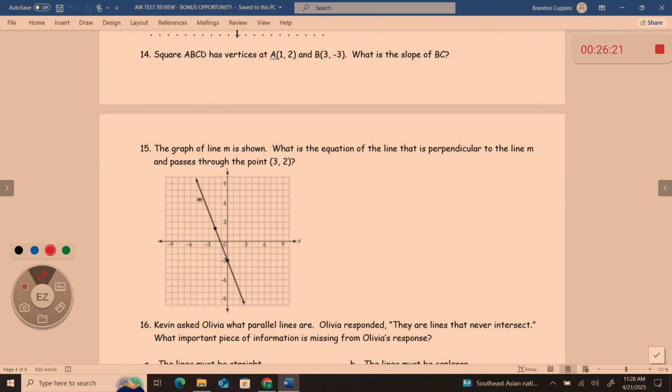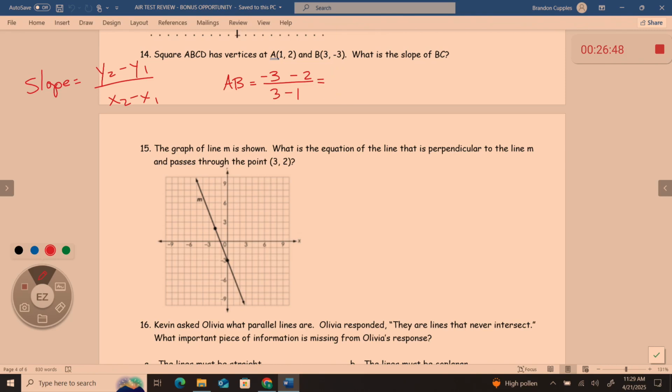Now remember, your slope formula is going to be y sub 2 minus y sub 1 over x sub 2 minus x sub 1. So I could do this for AB. The slope would be this. Let's go negative 3 minus 2, and then 3 minus 1. What's that give me? It gives me a negative 5 over 2.